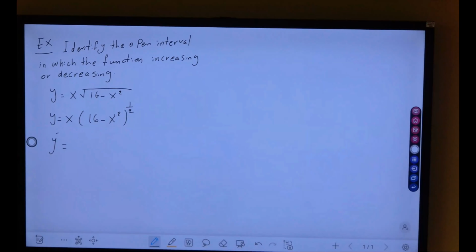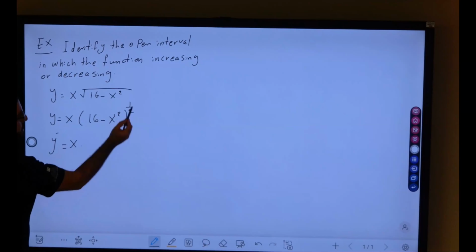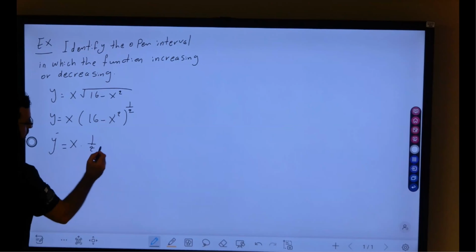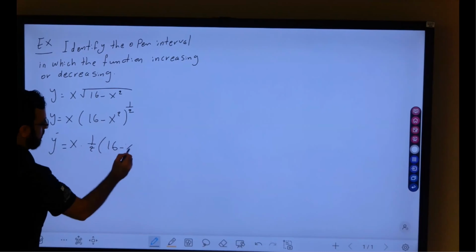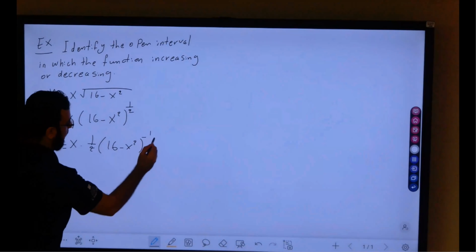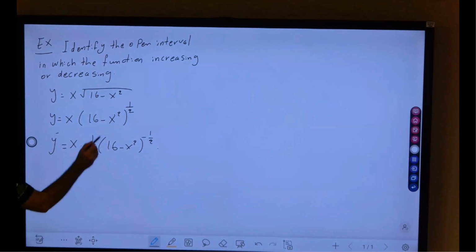Which one am I going to use? The chain rule, the product rule. Because you're going to use the chain rule here, I have a function here, so it's going to be the first one times the derivative of the second, which is the chain: (16 minus x squared) to the negative half, times the derivative inside.